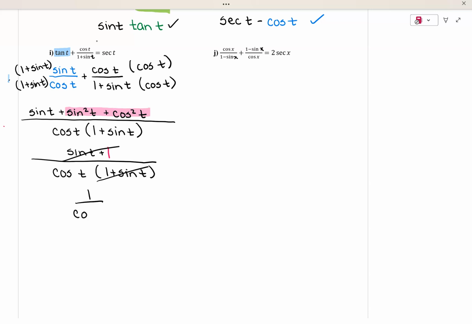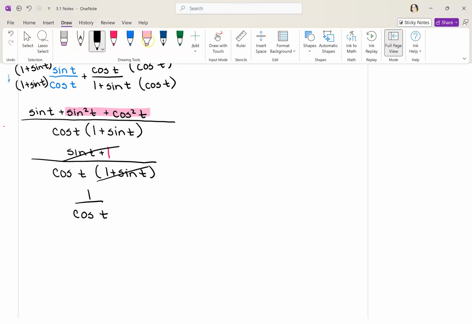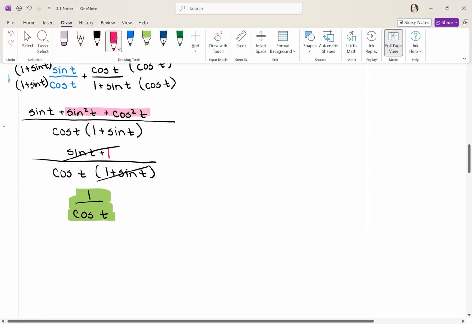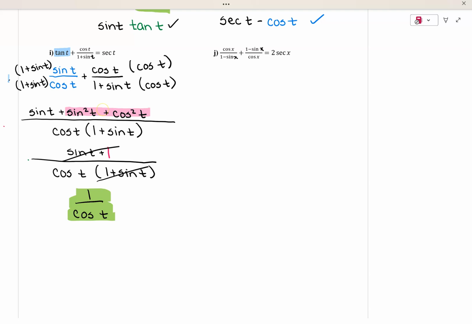We get 1 over cosine of t. We need green. We have 1 over cosine of t, and that changes to secant. And notice that is exactly what we needed up here.